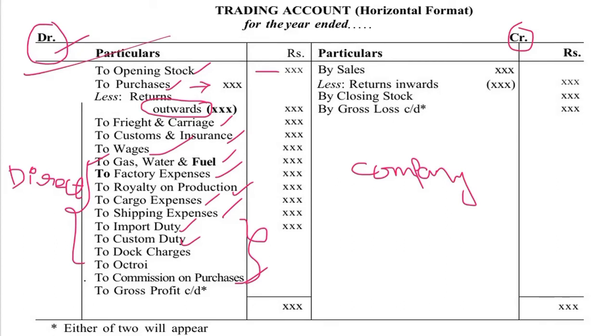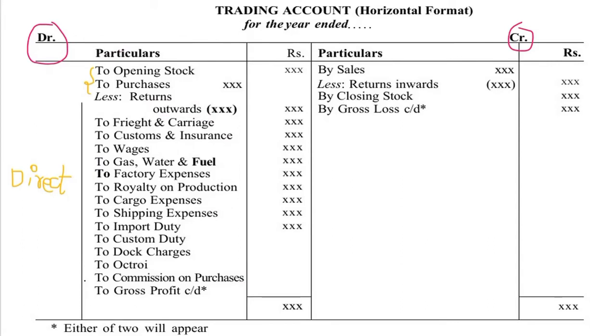Then mainly this thing, guys: opening stock and purchases. If it is purchase returns, then we need to deduct them. These two are the most important in the trading account, guys.